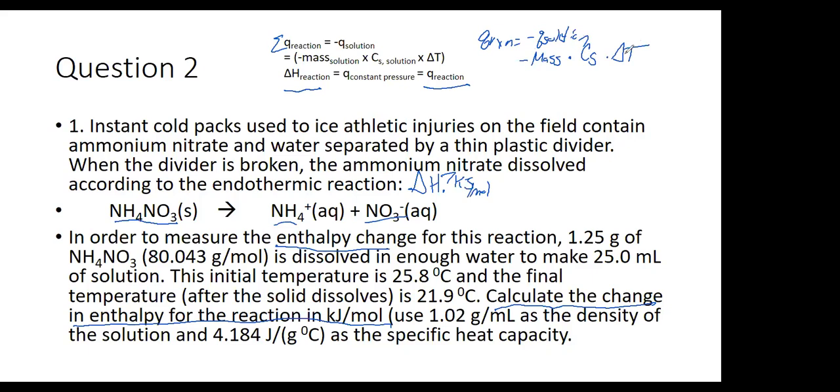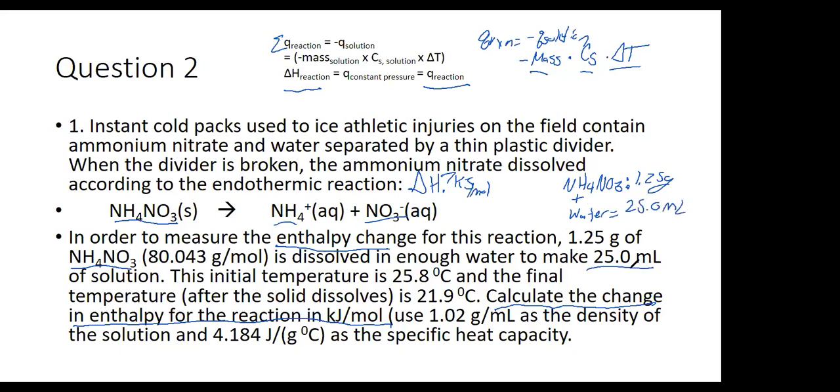All right. So to solve for delta H, I need Q reaction. To solve for Q reaction, I need the mass of the solution, the heat capacity of the solution, and the change in temperature of the solution. So let's see if I'm given those. I have 1.25 grams of NH4NO3, dissolved in water to make a volume of 25.0 milliliters.